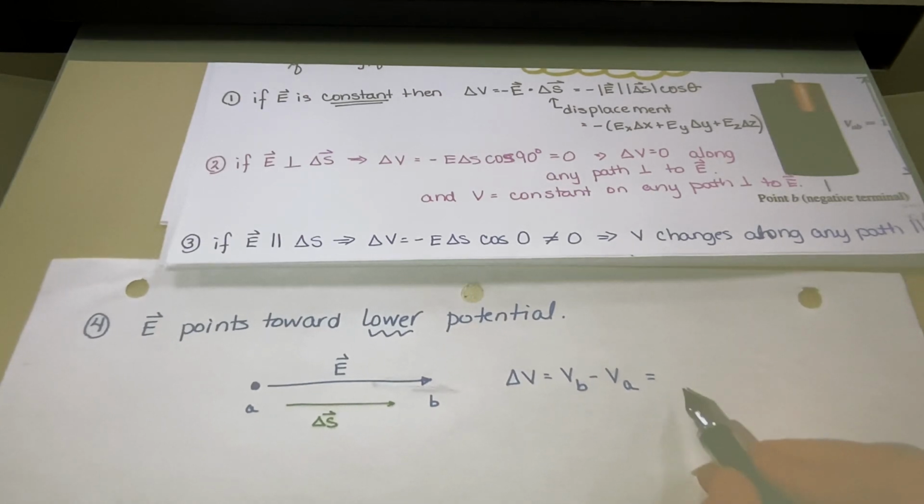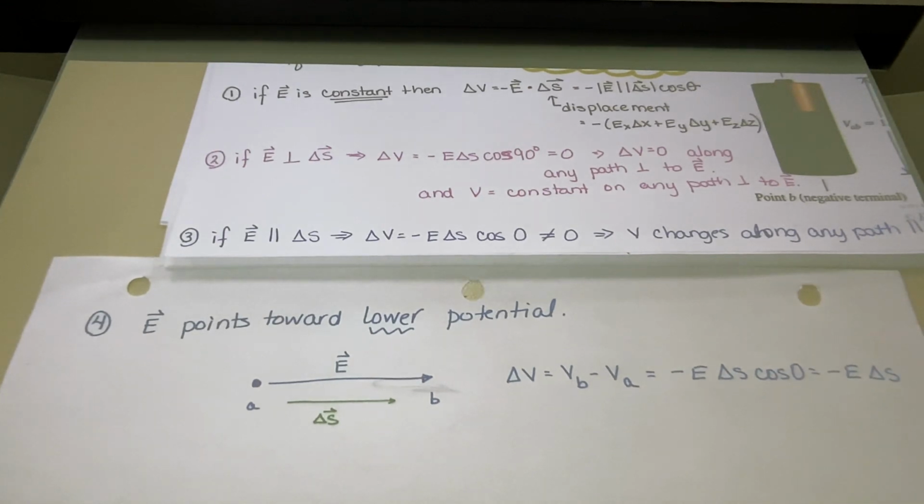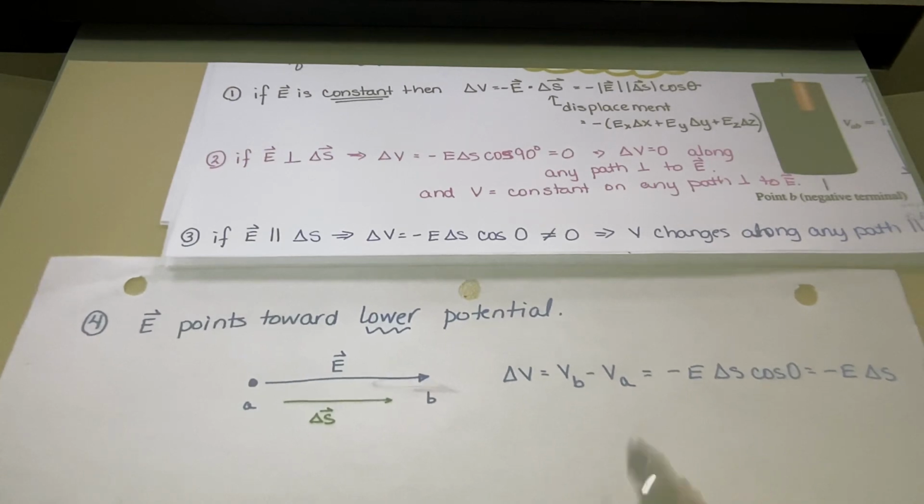That's equal to, use our equation, negative E times delta S times cosine of 0 equals minus E times delta S. So that tells us that delta V is negative, which means that VB is less than VA. So if you move along that path, we're going towards lower potential.